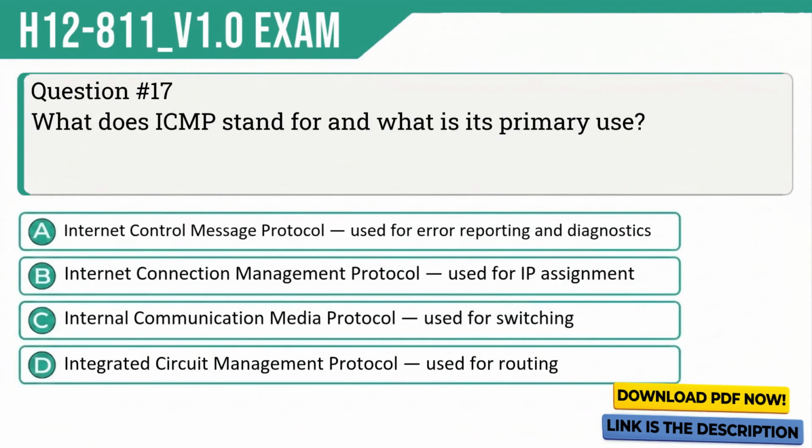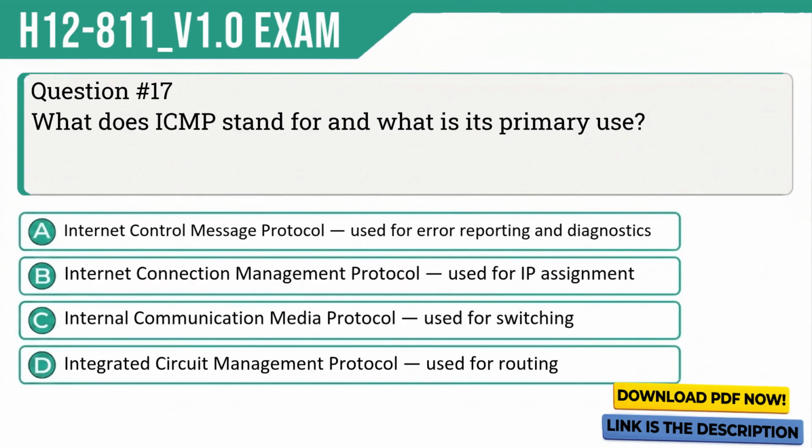Question number 17. What does ICMP stand for, and what is its primary use? A. Internet Control Message Protocol, used for error reporting and diagnostics. B. Internet Connection Management Protocol, used for IP assignment. C. Internal Communication Media Protocol, used for switching.